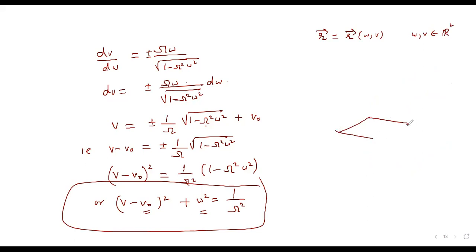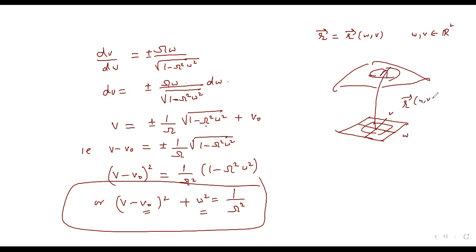I will keep it like this. So this would be my W axis, and this would be my V axis. So this is my domain. Now a patch of this gives a surface, a patch on the surface. Now this would be mapped via this R at WV. R at WV would give me a point in space that lies on the surface.